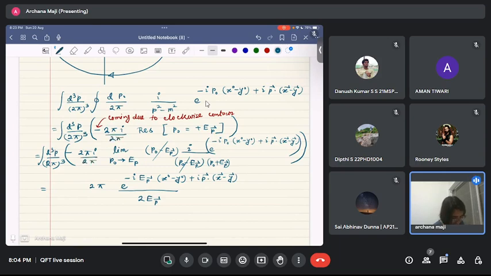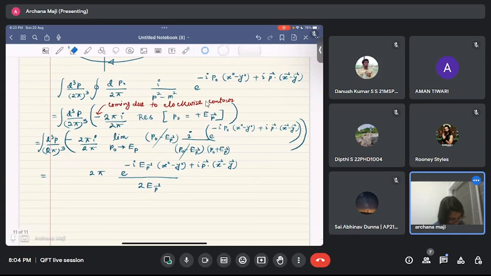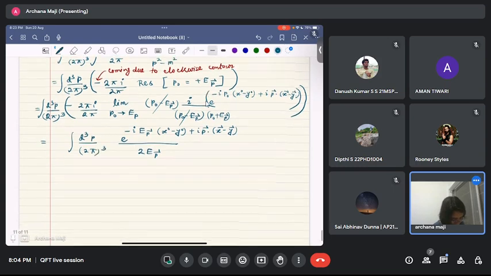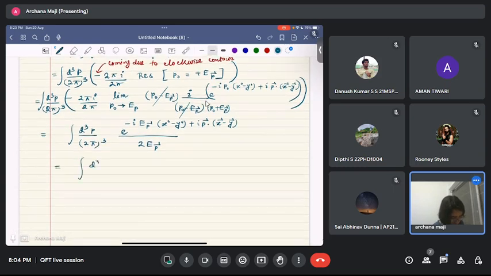So that 2 pi gets cancelled out with this 2 pi and we are left with d3p over (2 pi)^3, 1 over 2 Ep, exponential minus i p dot (x minus y), but with p0 being fixed to plus Ep.